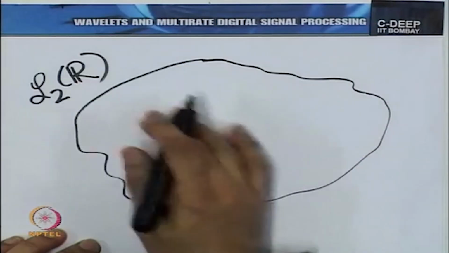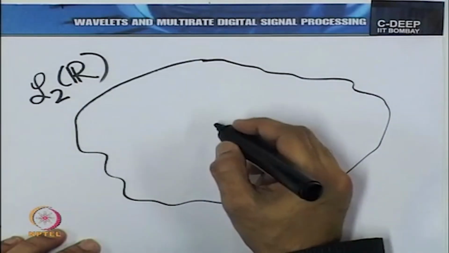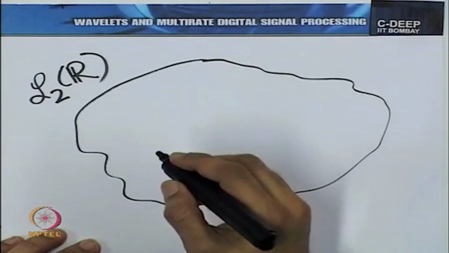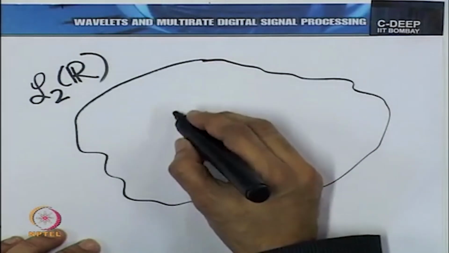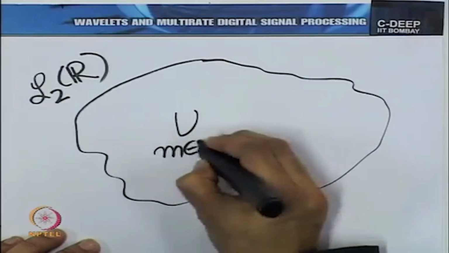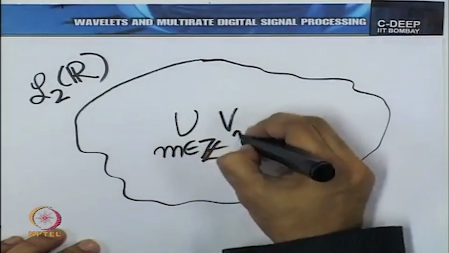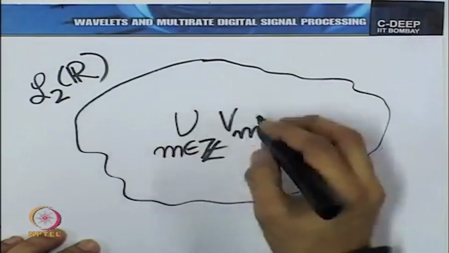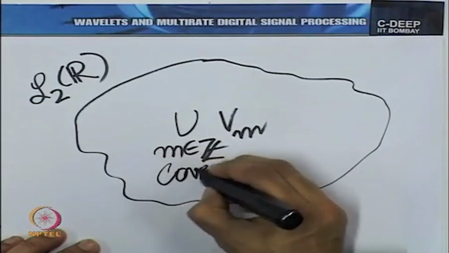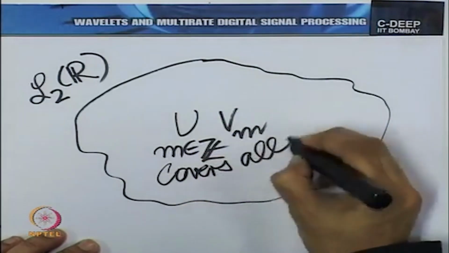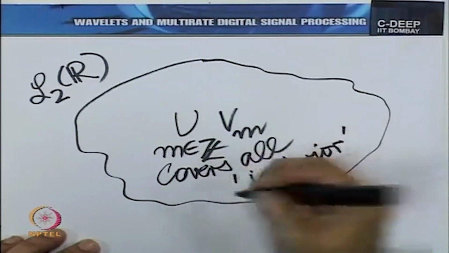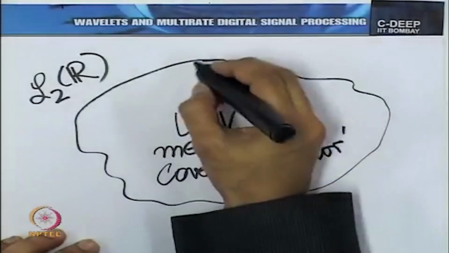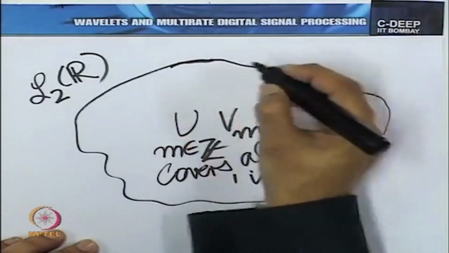So, it is a space. Now, what we are saying is, as we go in union, that is union over all integers m of V_m, it would cover all the inside, all the interior. But then it might leave out some peripheral things on the boundary.